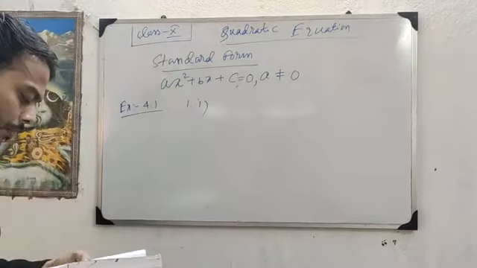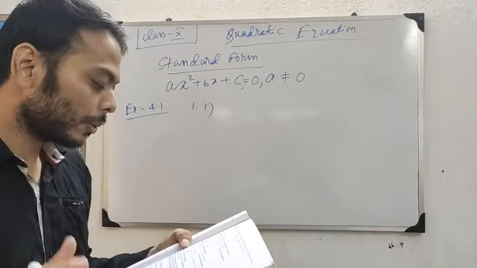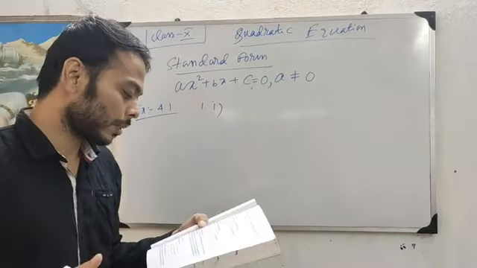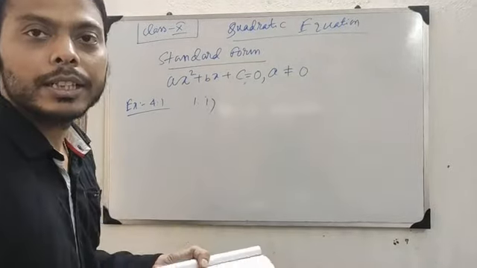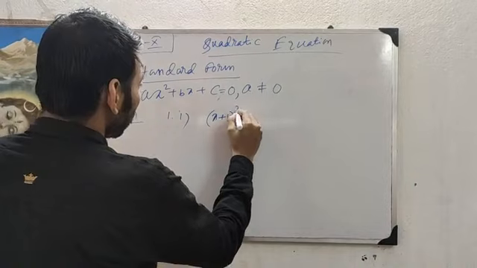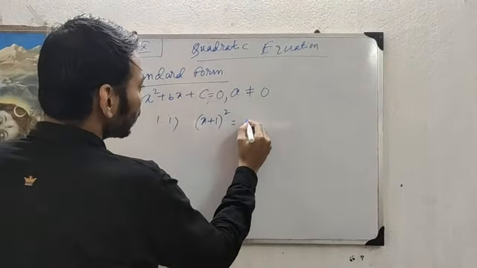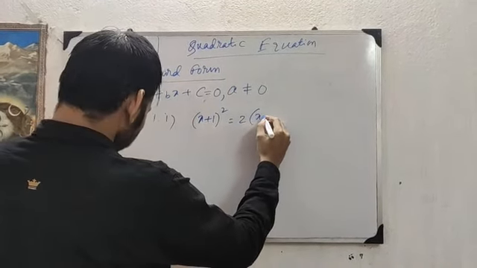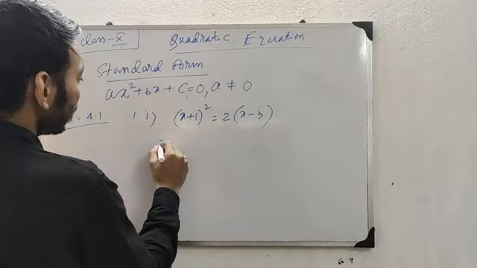What is the question? Just go through the question. Check whether the following equations are quadratic equations. So we have to check, is it a quadratic equation or not. The first equation is (x + 1)² = 2(x − 3).